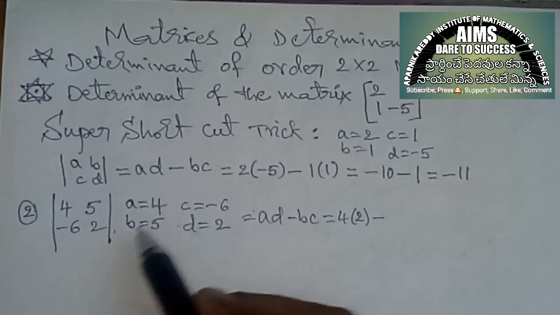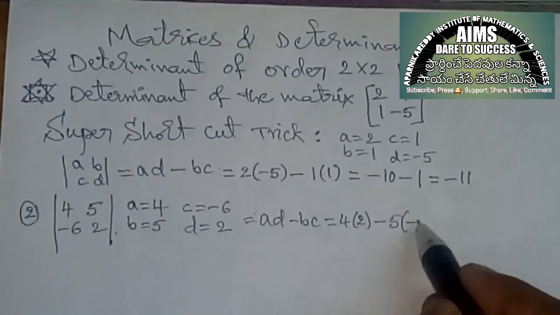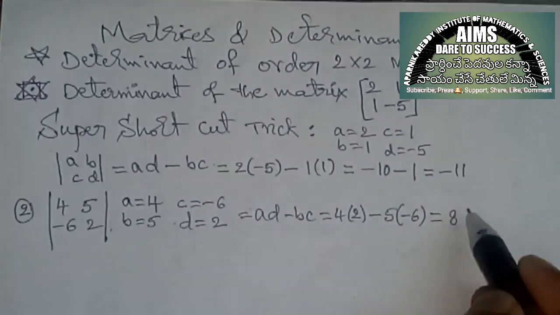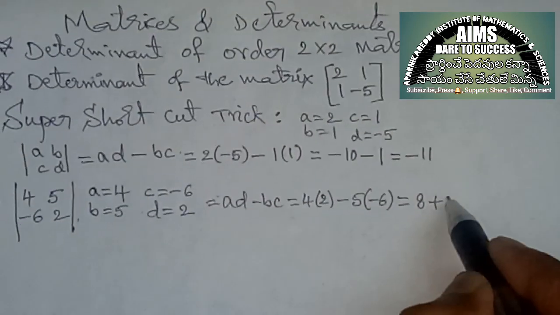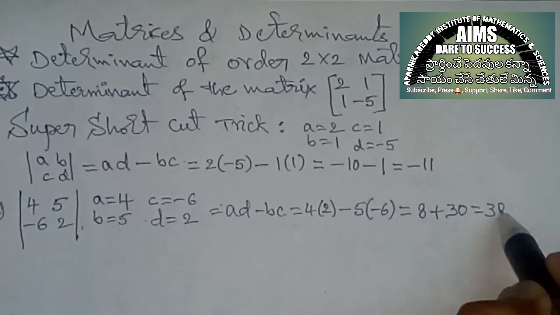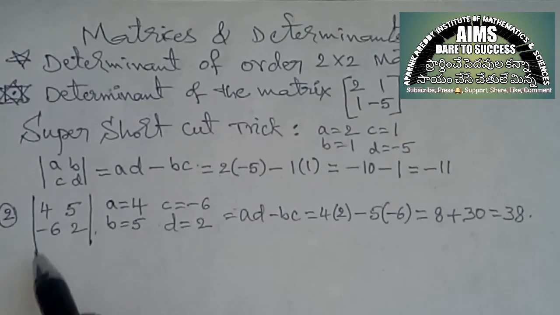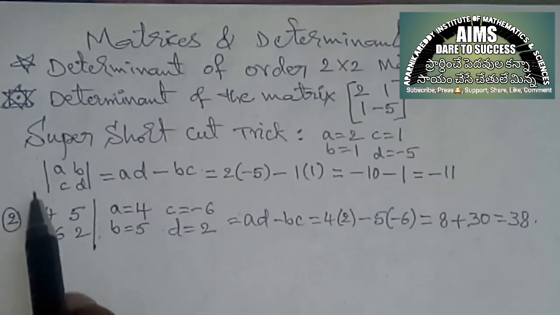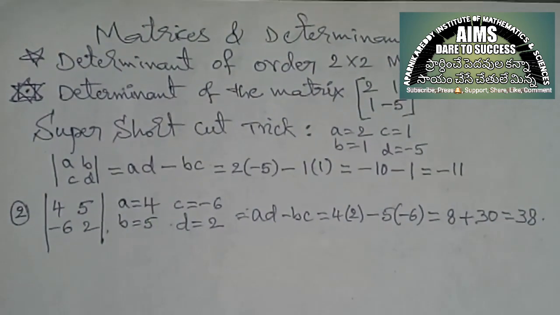After that minus, next B value is 5 into C value is minus 6, is equal to 4 into 2 is 8, minus of minus plus, 5 into 6, 5 6 are 30. 30 plus 8 is 38, which is the determinant of the matrix 4, 5, minus 6, 2 by using the small shortcut that det ABCD is equal to AD minus BC.